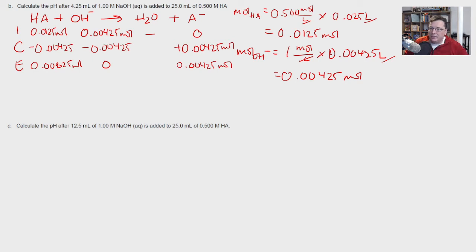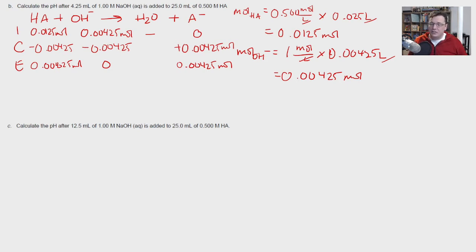We can just use the Henderson-Hasselbalch equation now to calculate what the pH is. That doesn't necessarily always work in these titration problems, but if you can eyeball and see that they're on the same scale, the number of moles of A minus is roughly half the moles of HA, that should allow you to use it as a buffer. It's not like it's a tenfold difference between the two of them.